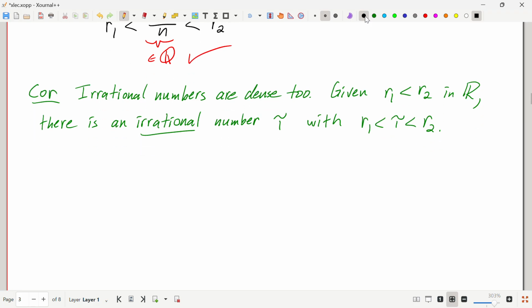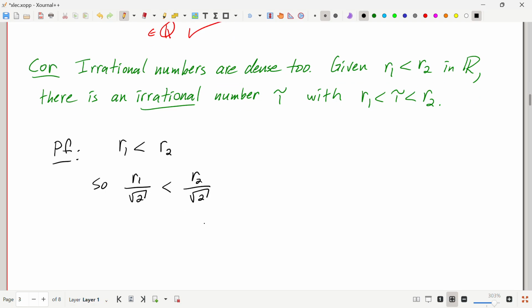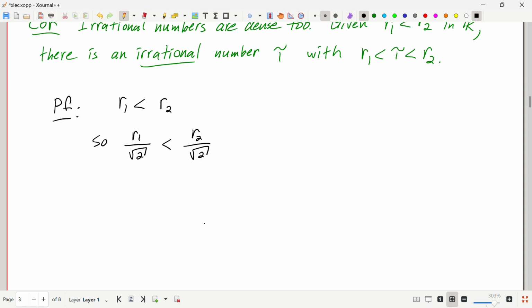Yeah, so if you think about things like the homework problem with the s plus t times the square root of 2, here's the trick. R1's less than R2, so R1 over the square root of 2 is less than R2 over the square root of 2. And we know that there's a rational number between there.